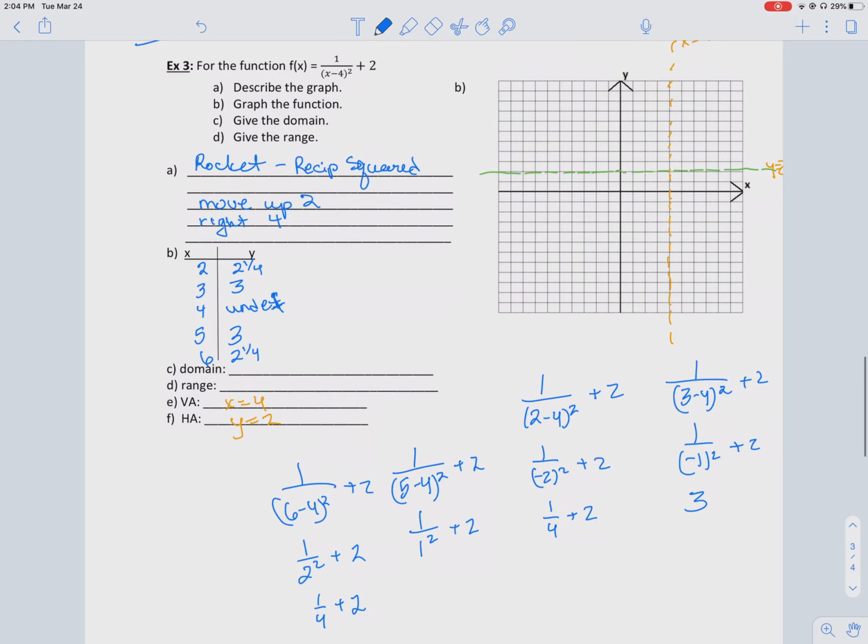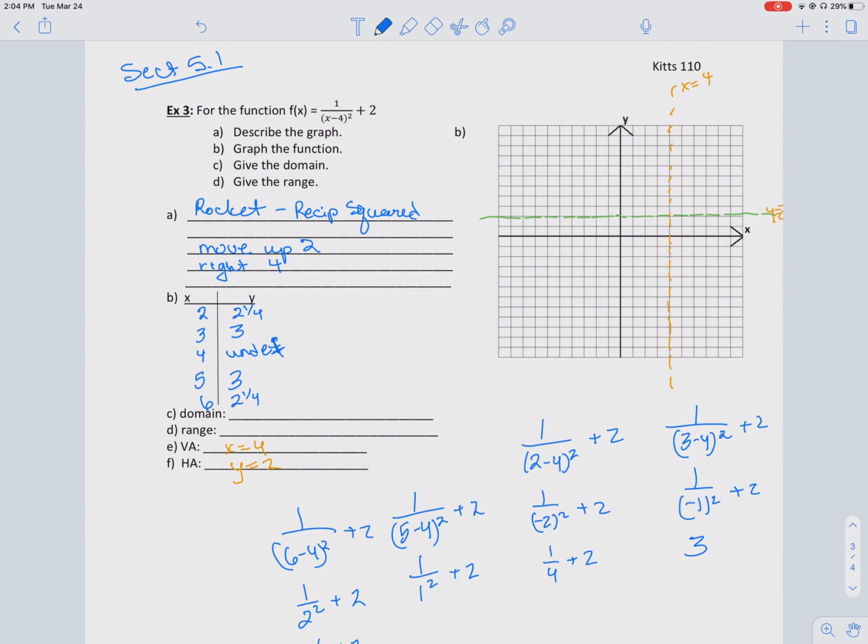All right, so let's just plot those points. 2 and a 4th, it's going to be about right there. 3 and 3, 1, 2, 3, that'd be about right there. Then undefined, and we got our 5. 5 and 3, 3 is there. And then 6, it's up 2 and a fourth.